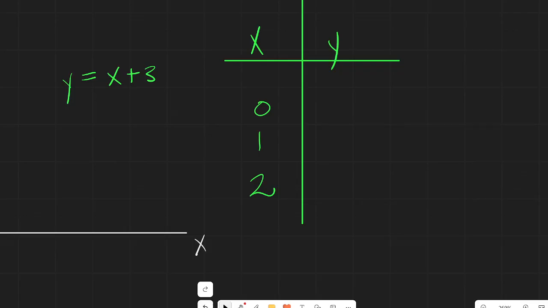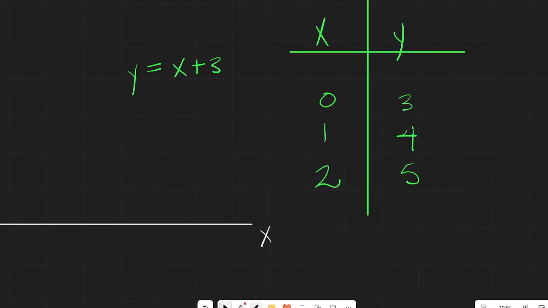So y equals 0 plus 3. That results in 3. y equals 1 plus 3. That results in 4. y equals 2 plus 3. That results in 5.